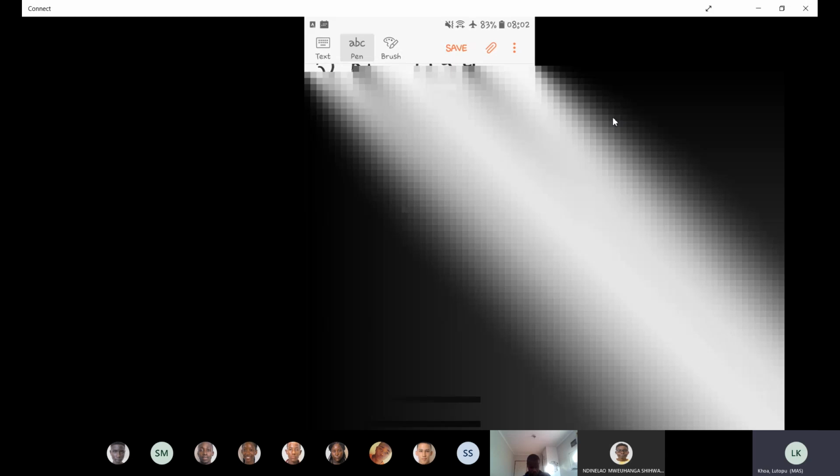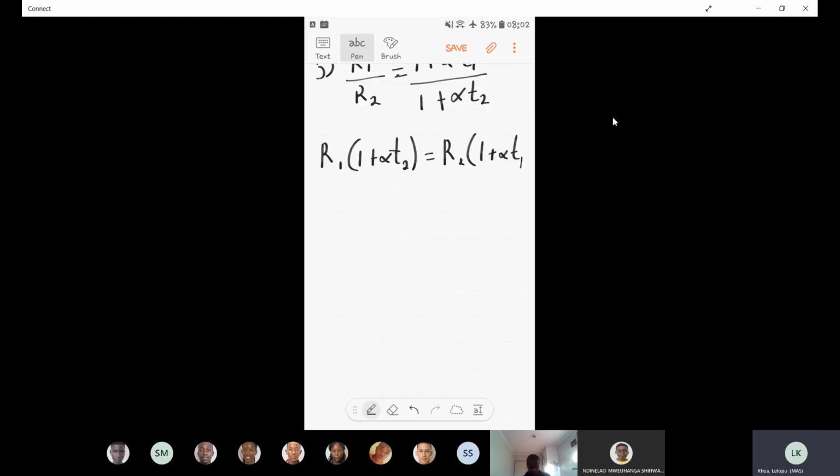Then you multiply out. So R1 times 1 is just R1. I have R1, and then R1 times alpha T2, so this is plus alpha R1 T2. And this is equal to R2 plus alpha R2 T1.